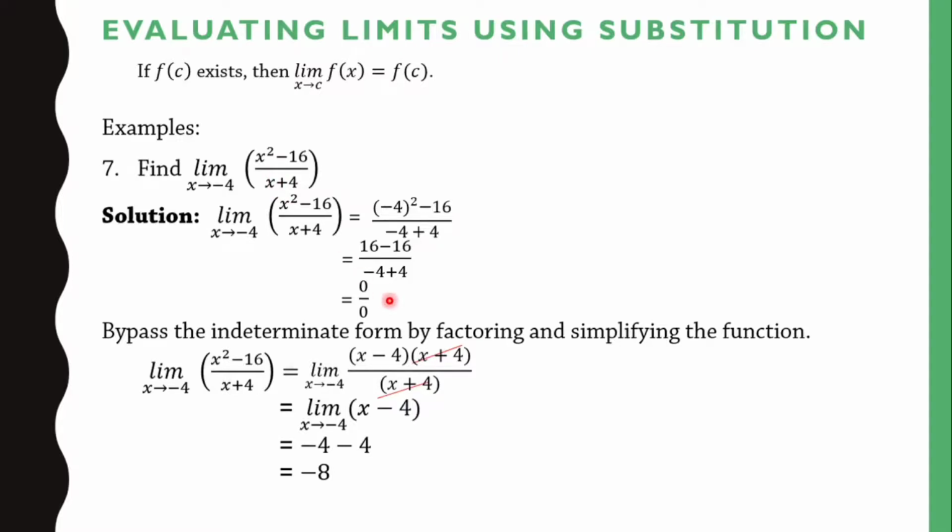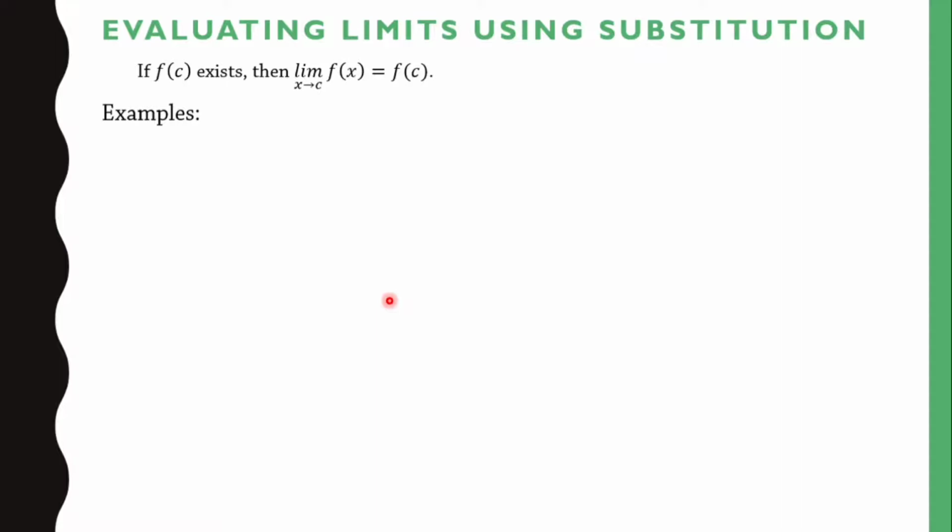Let's have one last example for situations like this. So we have the limit of x squared minus 3x over x squared minus 9 as x approaches 3.